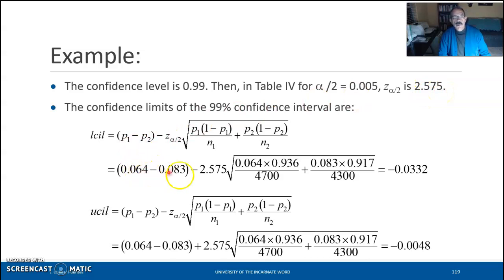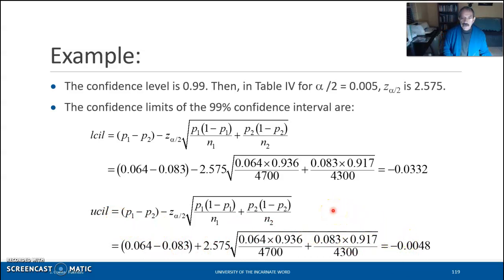Then using our point estimates of the proportions and the sample sizes, we can calculate the margin of error, subtract that from the difference of proportions, and we get the lower confidence limit, which is minus 0.0332. Doing the same calculation, but now adding the margin of error to the difference of proportions, the upper confidence limit is minus 0.0048.